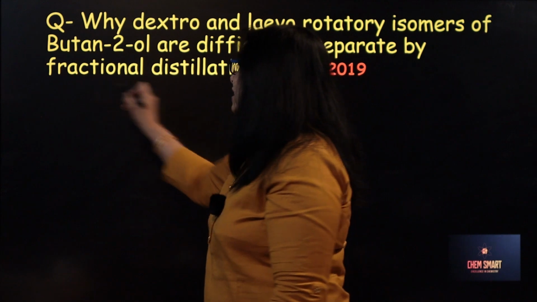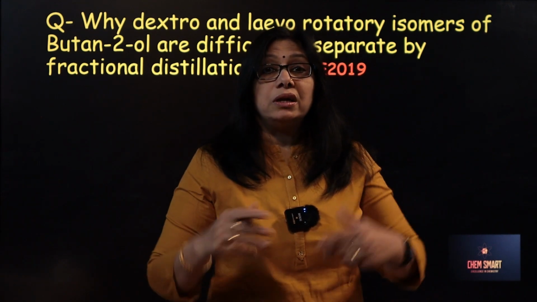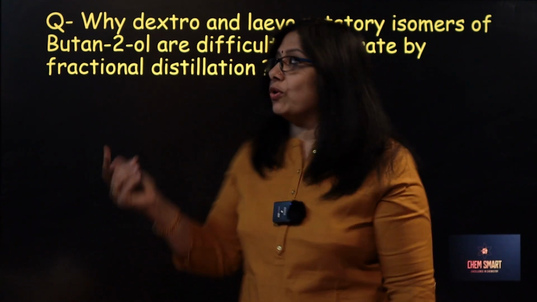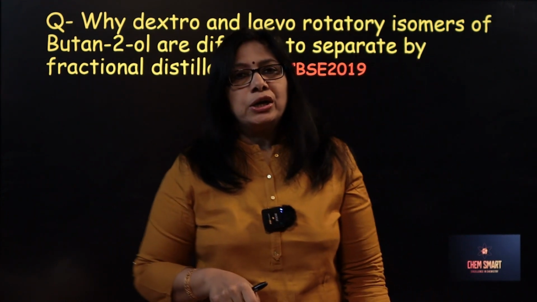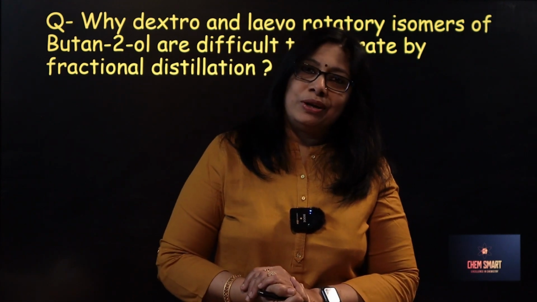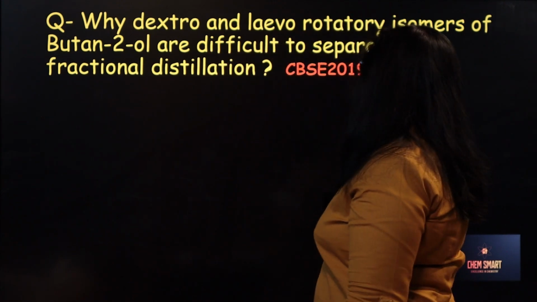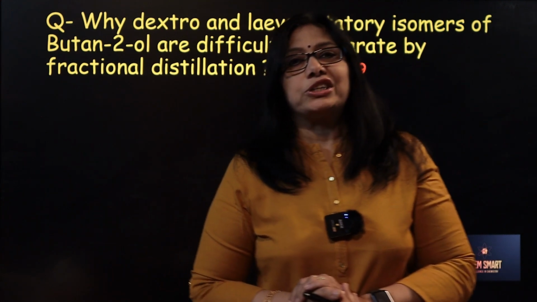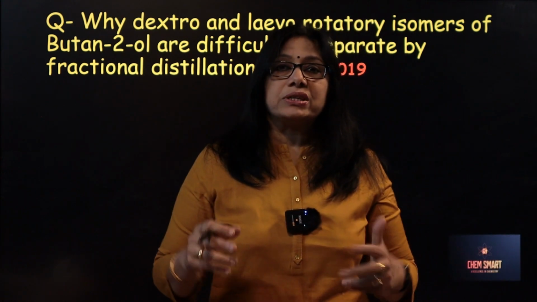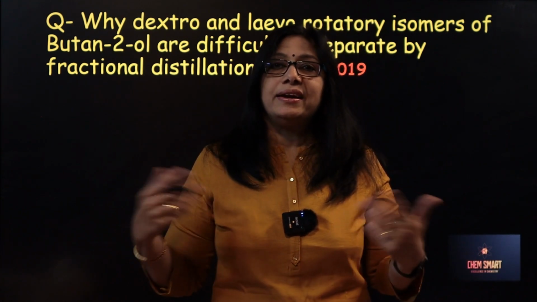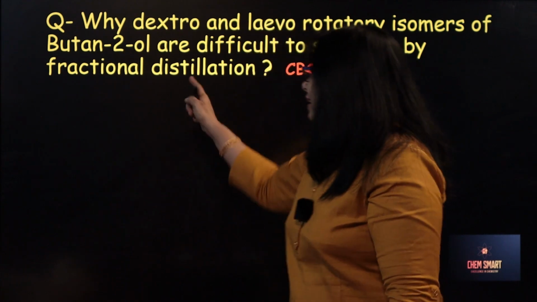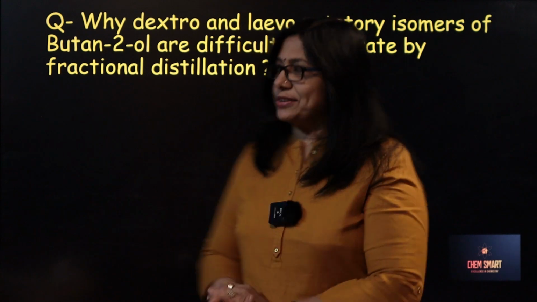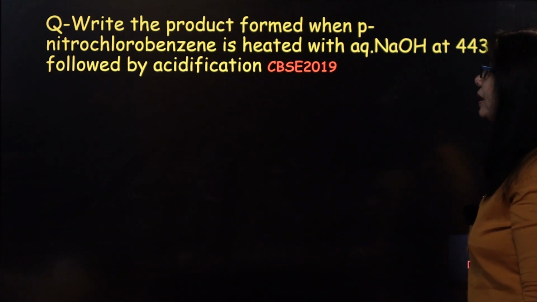Fractional distillation depends on the difference in boiling point. But if the boiling points are the same for the components to be separated, do you think it is easy? No. So dextro and levorotatory isomers, that is enantiomers, cannot be separated by fractional distillation because they have identical boiling points, and fractional distillation depends on the difference in boiling point. Clear? Great. Now, next question.